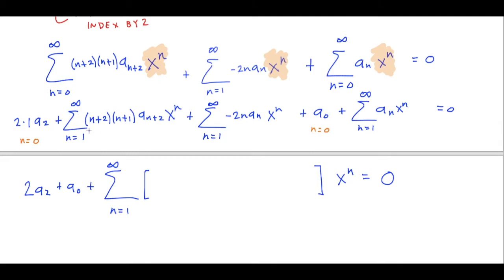When I factor that out of this first series, I'm left with this coefficient expression. And then from the second series, I have this coefficient expression. From the third series, I have this coefficient expression. So if I was to write out individual terms for these 3 series and then group them based on the power on x, the coefficient on each of those x terms would have this structure here.